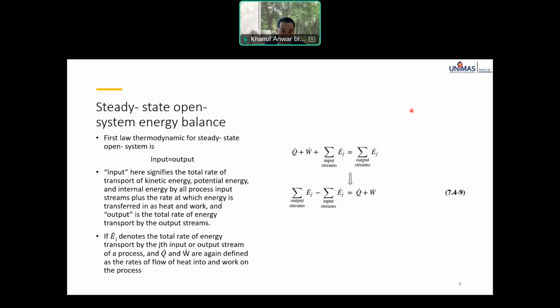That one is done already. Input signifies the total rate of transfer of energy by all process input streams plus the rate at which energy is transferred in as heat and work, and output is the total rate of energy transferred by the output streams. Can refer to equation 7.4-9.